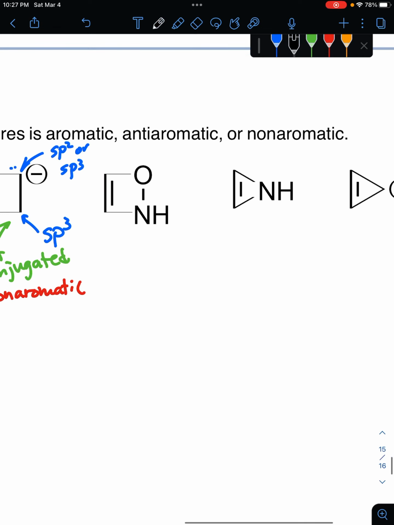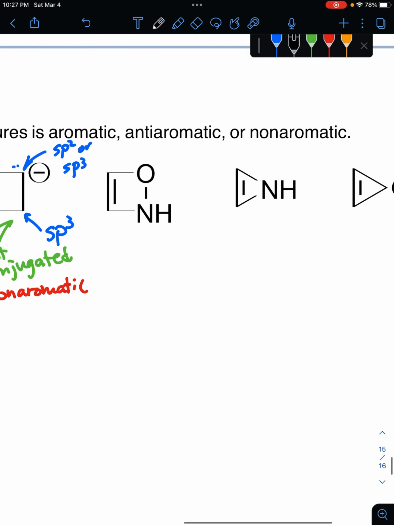Okay. Now this next one is a little bit tricky. We know that these two carbons absolutely have to be sp2 hybridized, so there's no question about that because of the double bond. But we do need to know what the hybridizations are for these two atoms, whether it's sp2 or sp3, and they have a choice because of the lone pairs, in what orbital they might put them.